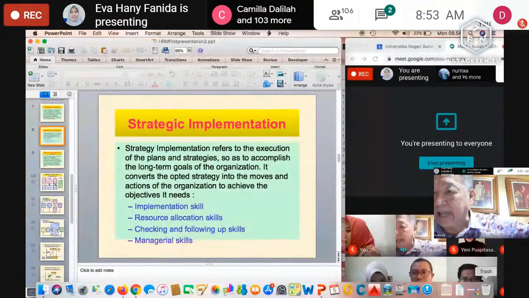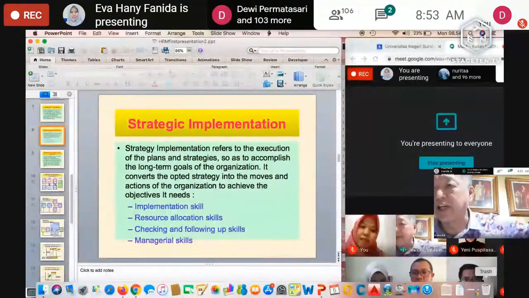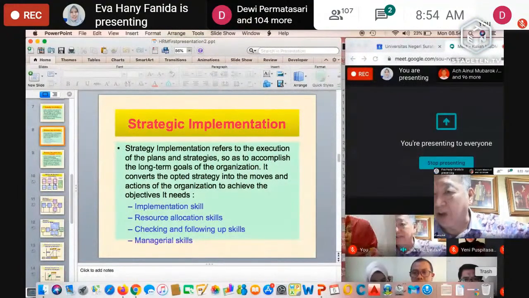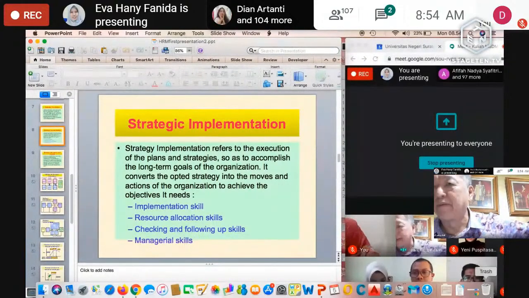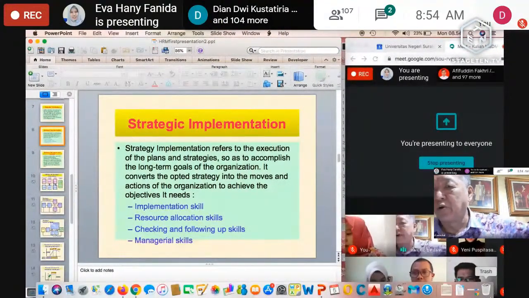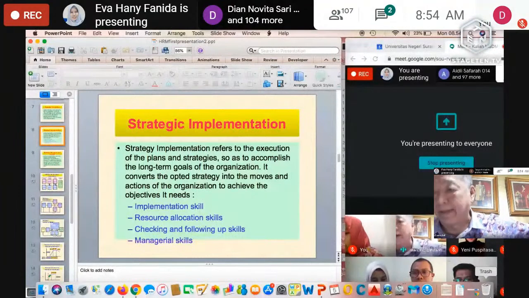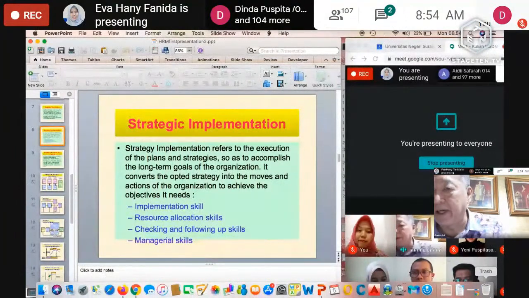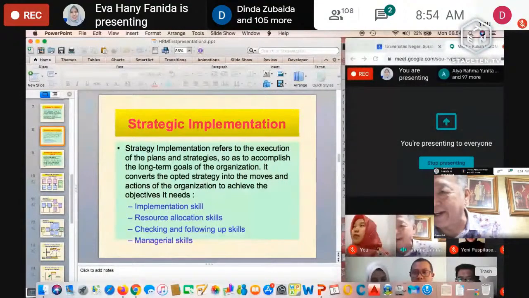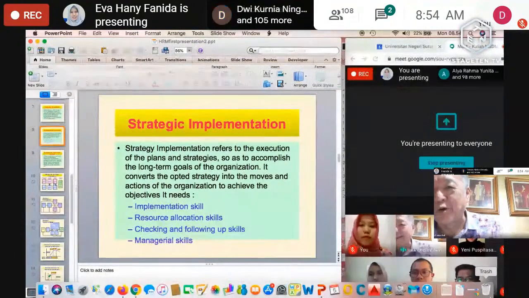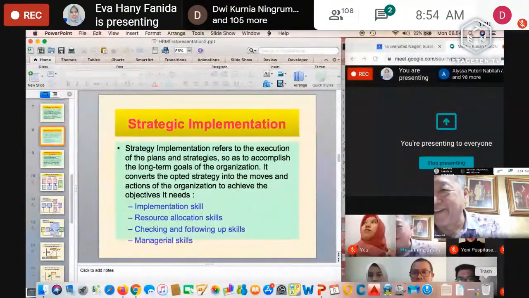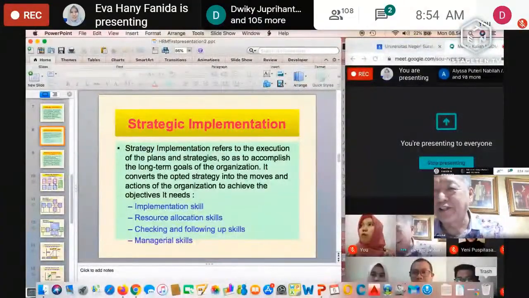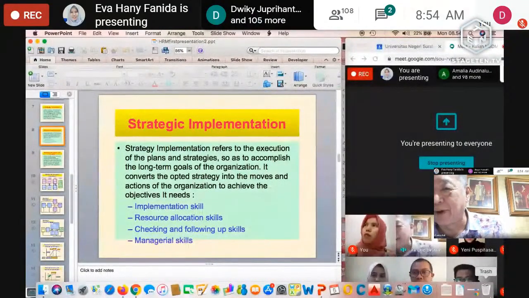We can study policy implementation and see each factor that contributes to or hinders it. We might conclude maybe 10 factors contributing to the success and failure of strategy. I cannot go into detail right now. We have to discuss those factors in other subjects, like policy implementation.